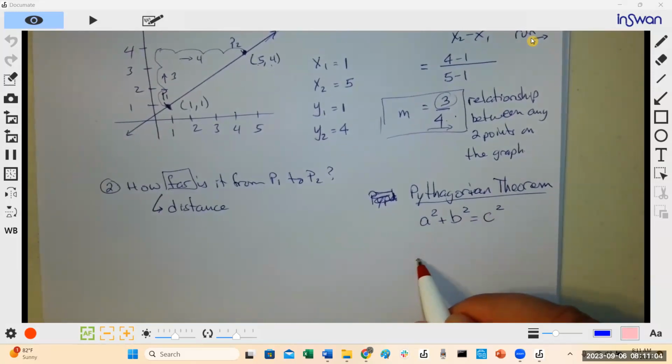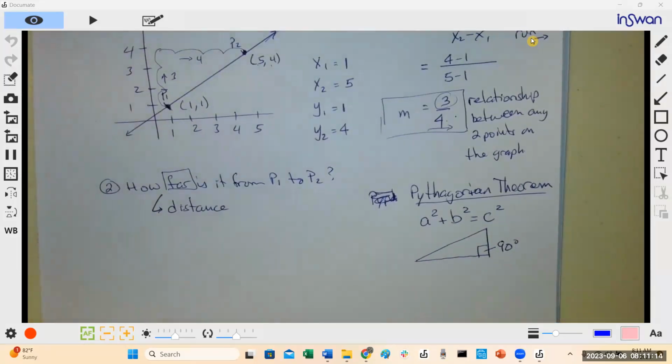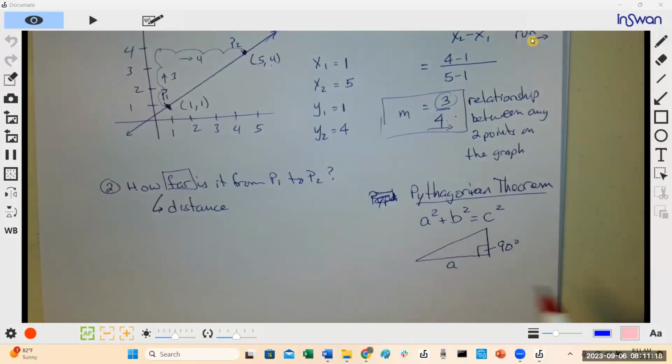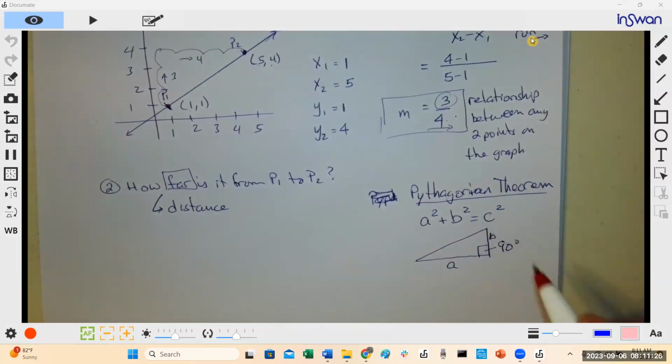The Pythagorean theorem works only with right triangles, which means you have to have a 90-degree angle in it. A represents one of the legs, the horizontal one. B represents the vertical leg, up and down.